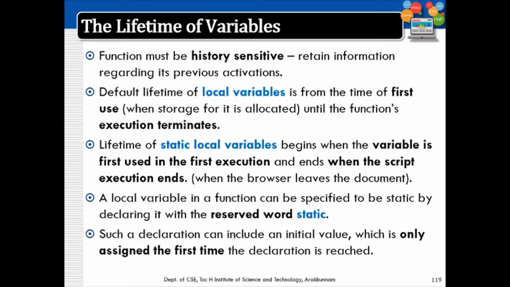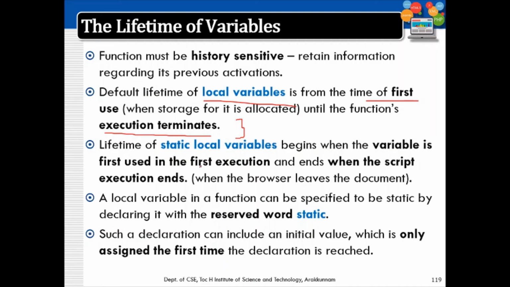Lifetime of variables. The default lifetime of local variables is from the starting of its first use till the function execution terminates. A function variable will exist only till the closing braces are encountered, or a return statement, till the function execution terminates.